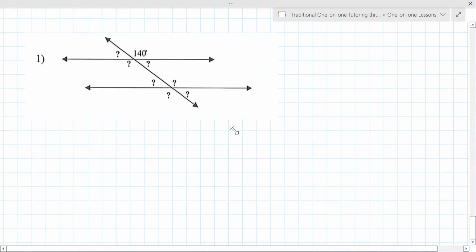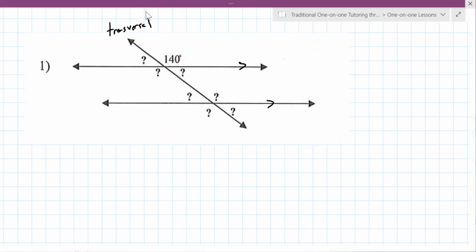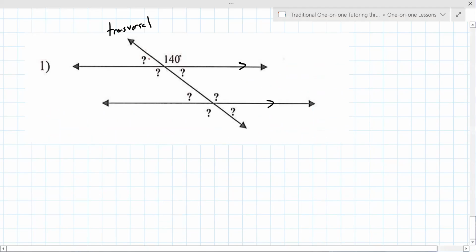All right, so here are 2 parallel lines. They are cut by a transversal. Okay, and they give you one of the angles. They tell you this top right one is 140. Now I'm going to label the other angles with numbers, and we can go in any direction you want.